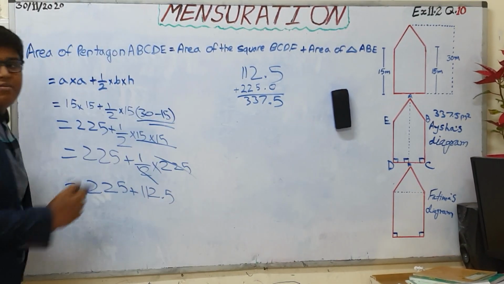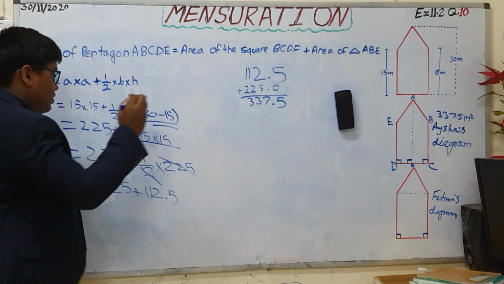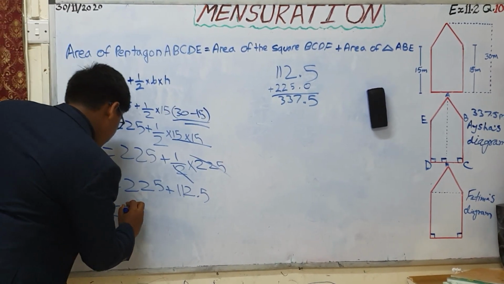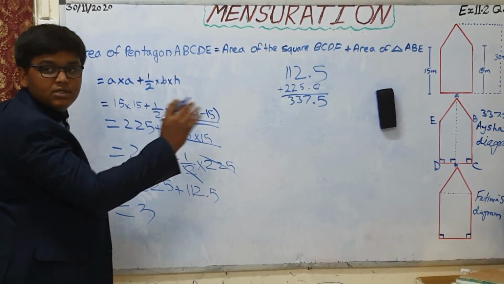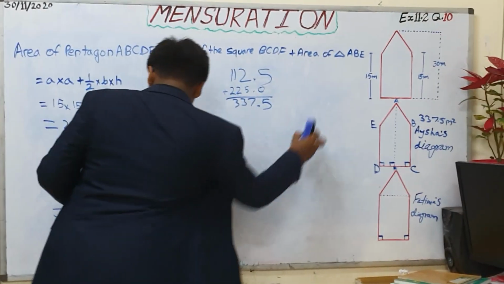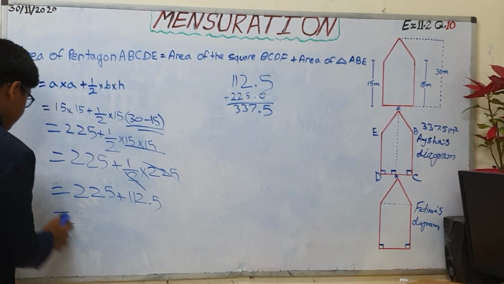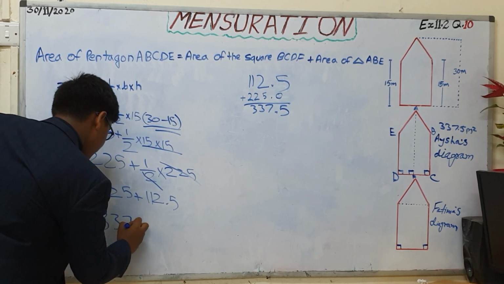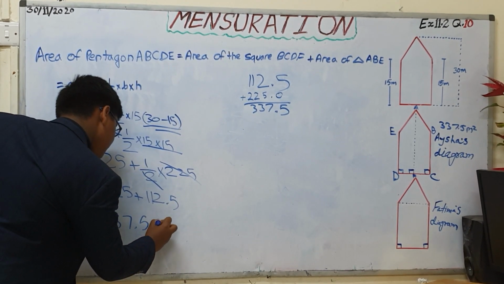Now we got the same answer as we got for Aisha's figure, Aisha's part, which is equal to 337.5 meters square.